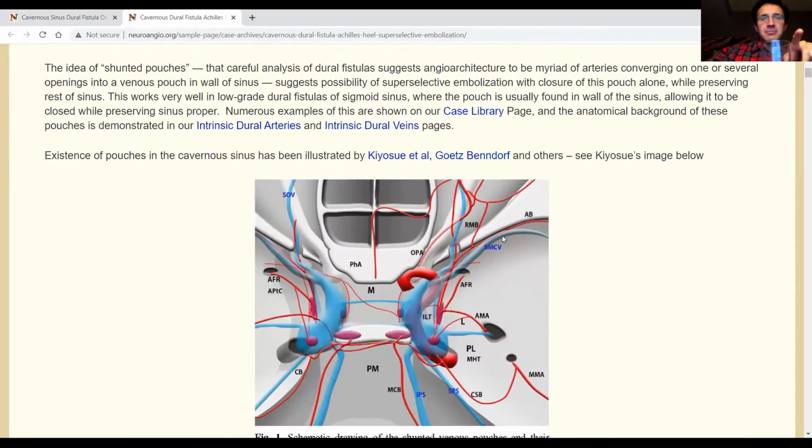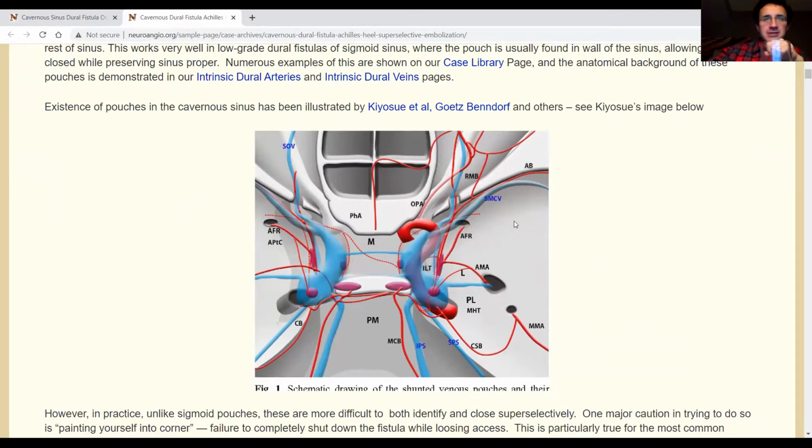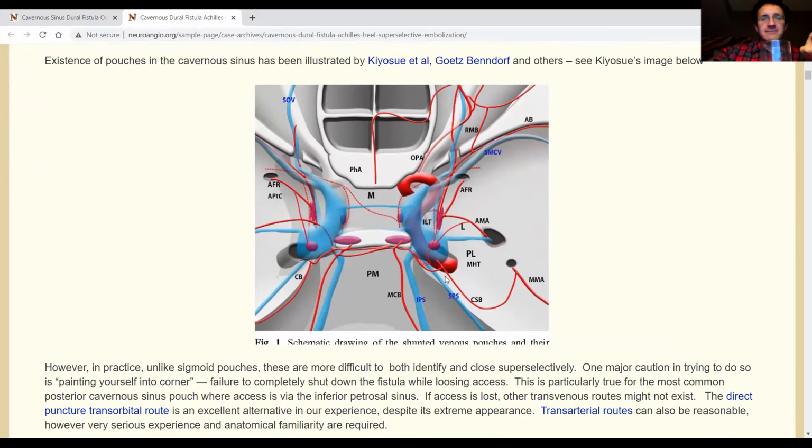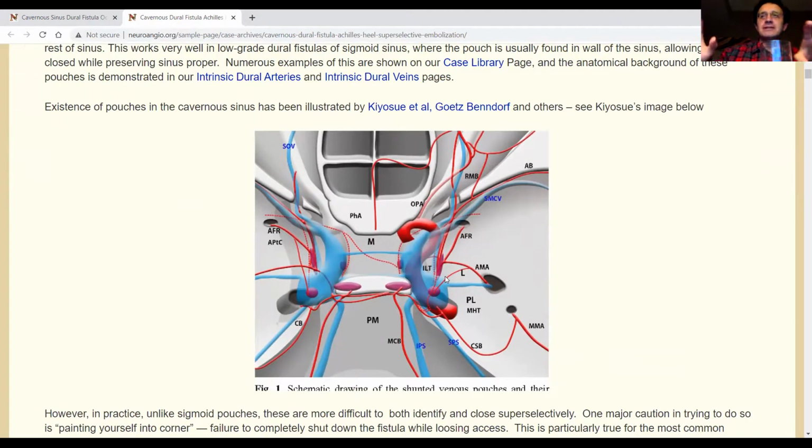There's another case. But the reason I wanted to point out this page is to give a shout out to Professor Kiyosue and this idea of venous pouches that he has emphasized. It's in the literature, you can look up venous pouches. Mostly they talk about it first in the sigmoid sinus fistula, but also in cavernous sinus fistulas.